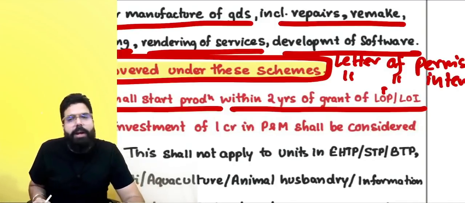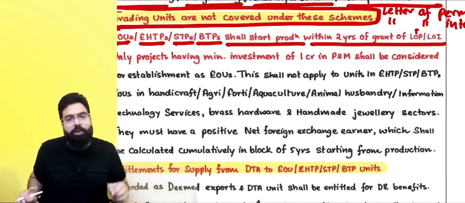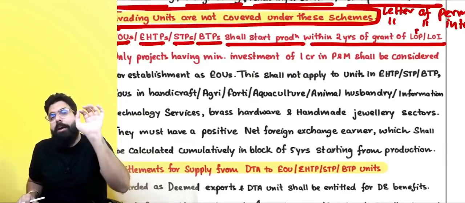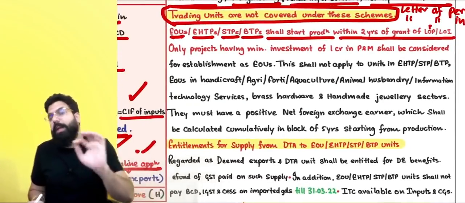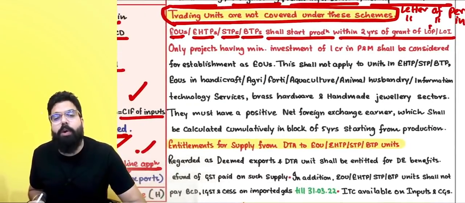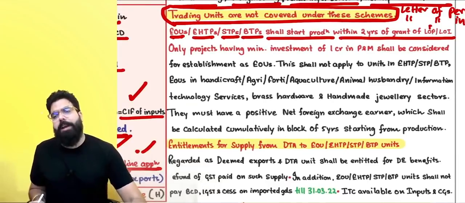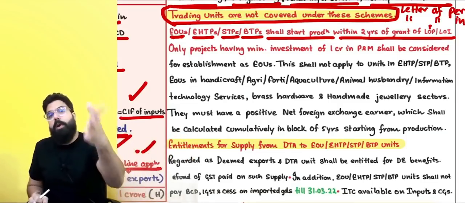Basically, whenever you get your permission, from that 2 years, you should start your production. EOU, ESTP, STP or Biotechnology Park should start their production within 2 years, once they are given permission. So if I am setting myself up in an ESTP, then once I am given the permission, within 2 years I should start production.